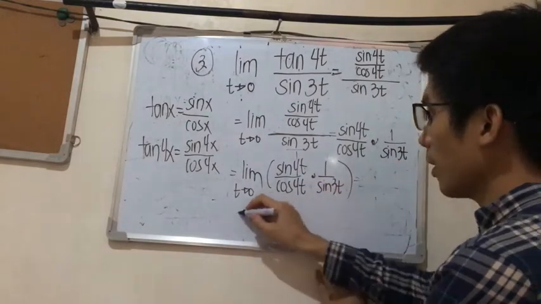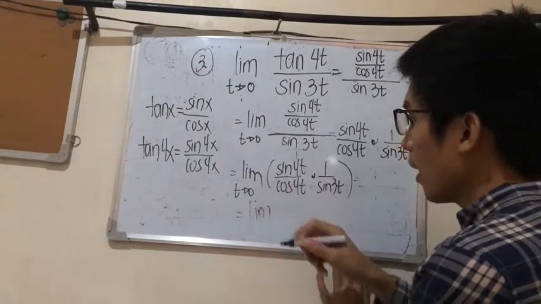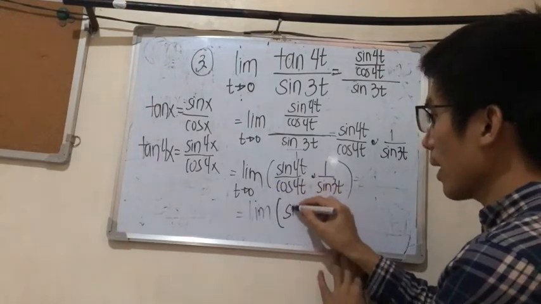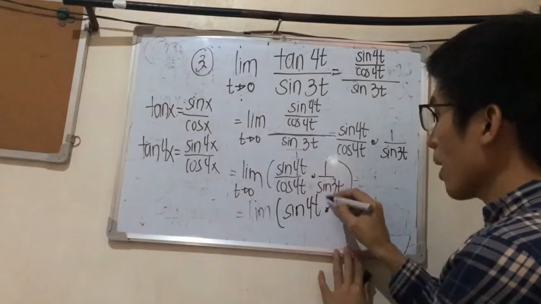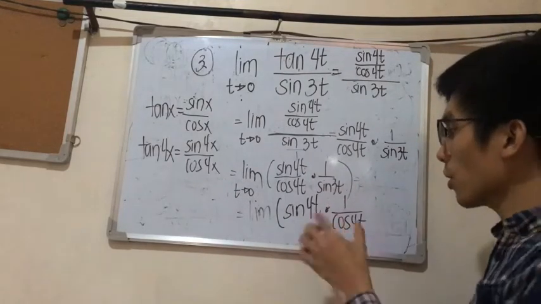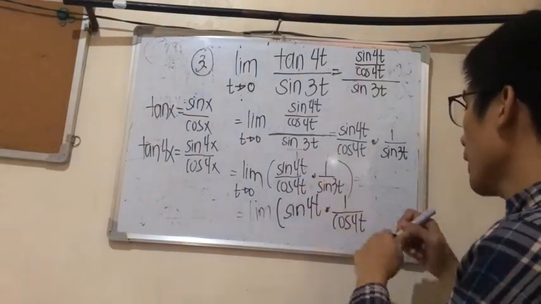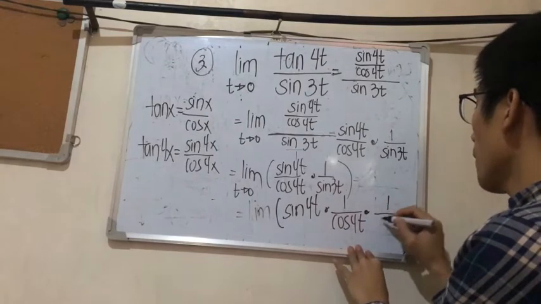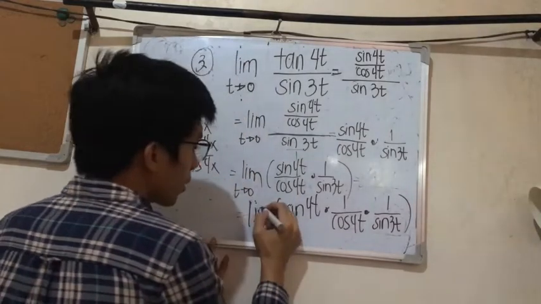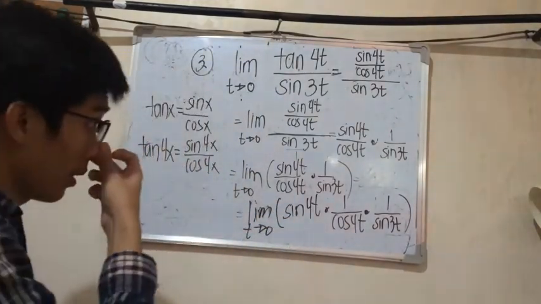I'll just write it here. We can separate this one as the limit of, bring down sine 4t multiplied by 1 over cosine 4t, because if I'm going to use multiplication here, it is still the same. Okay, so copy this part, times 1 over sine 3t as t approaches 0.